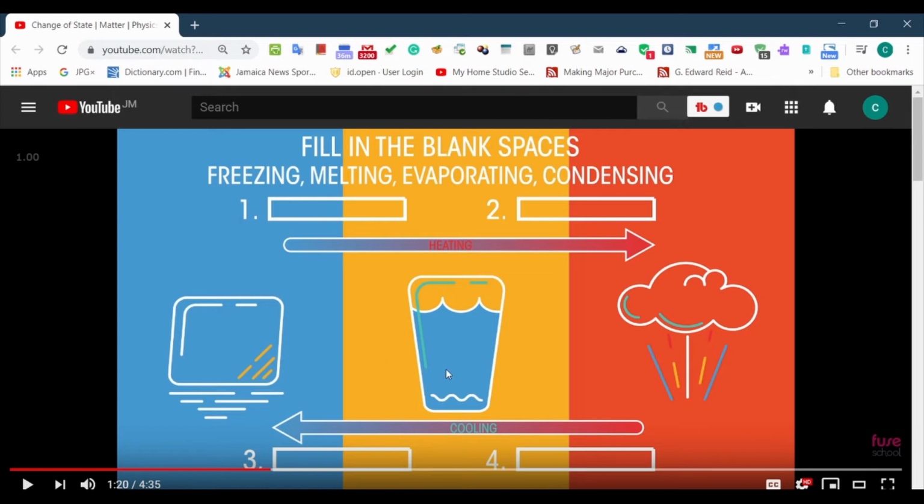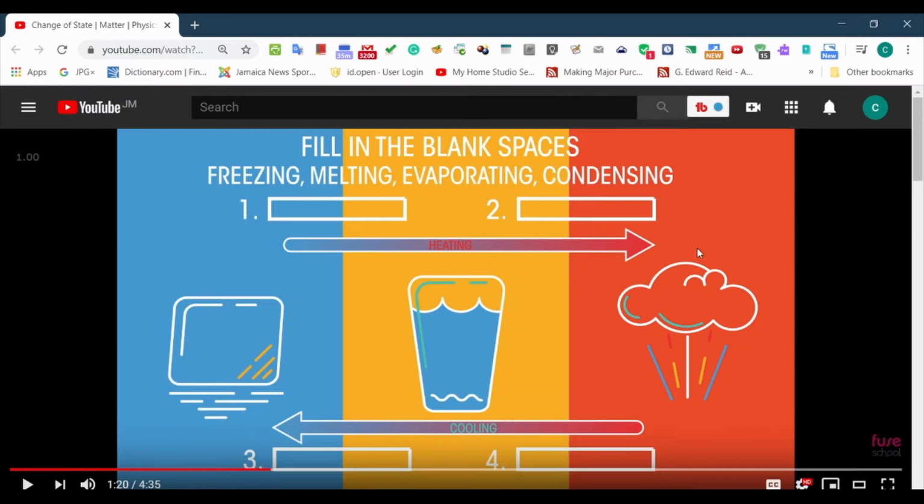Then change of state now, we have liquid, and if we leave this water outside, eventually it will disappear, and that process is evaporating. So it gains more heat, changes state from a liquid to a gas. Then let's go now, and we're going 4, then 3. So from gas back to liquid, that would be condensing.